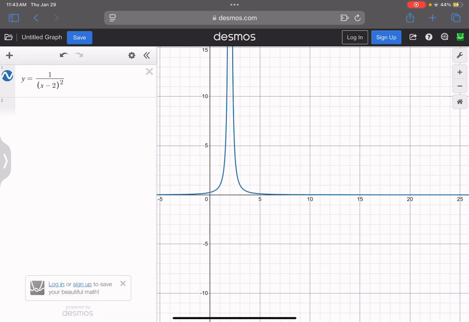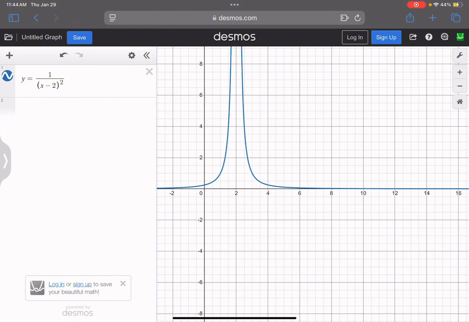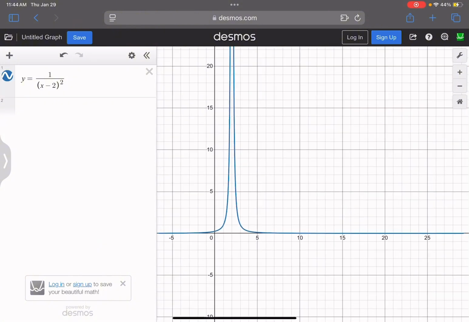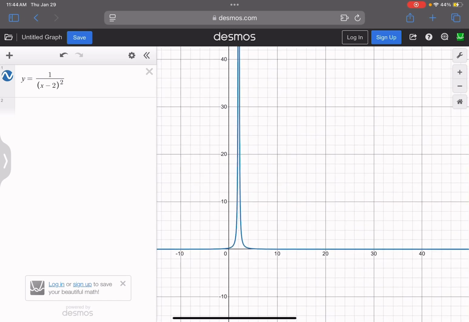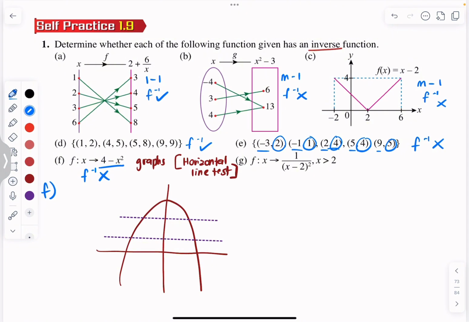And then they specified that x is more than 2. So 2 is here, and more than 2 means the graph doesn't touch 2. The graph is like this.